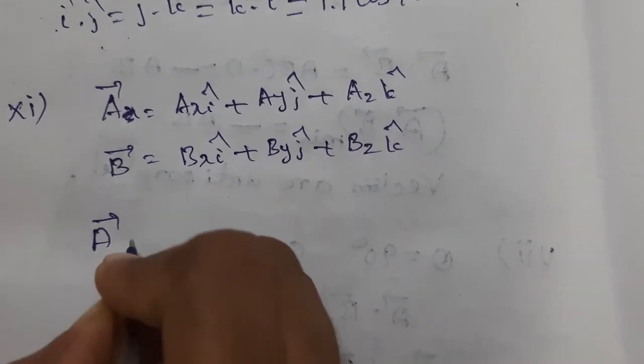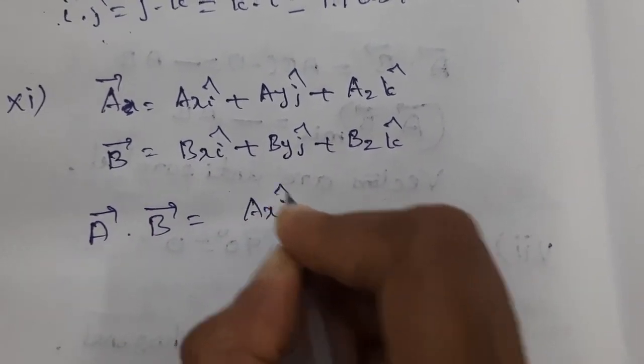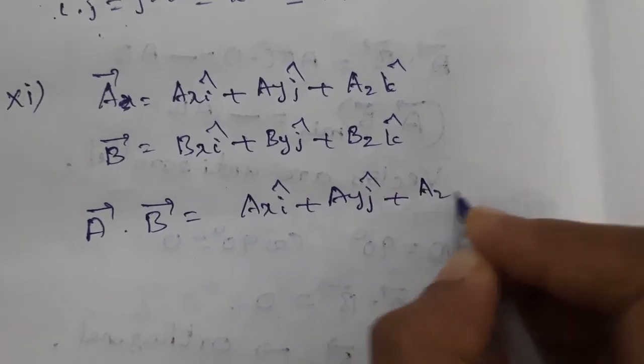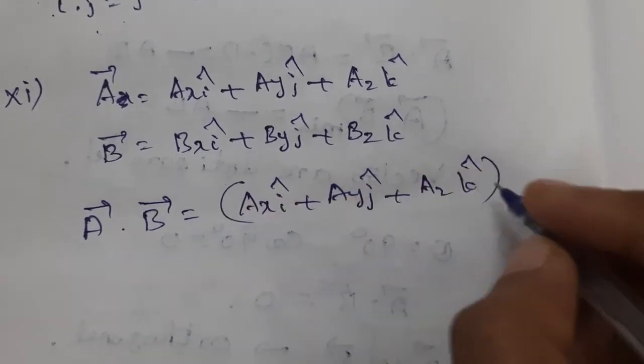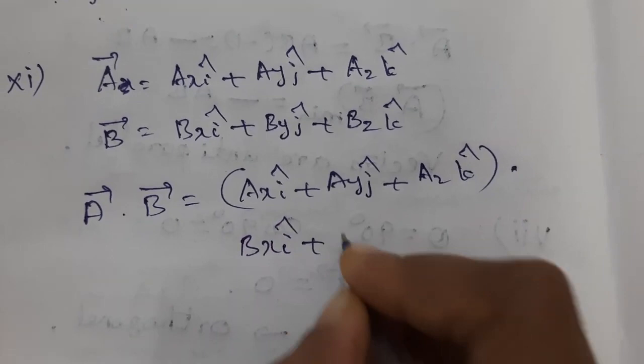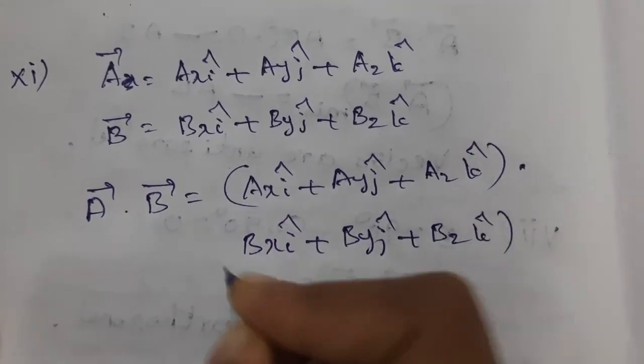So in terms of the components, A dot B is equal to (ax i cap plus ay j cap plus az k cap) dot (bx i cap plus by j cap plus bz k cap).